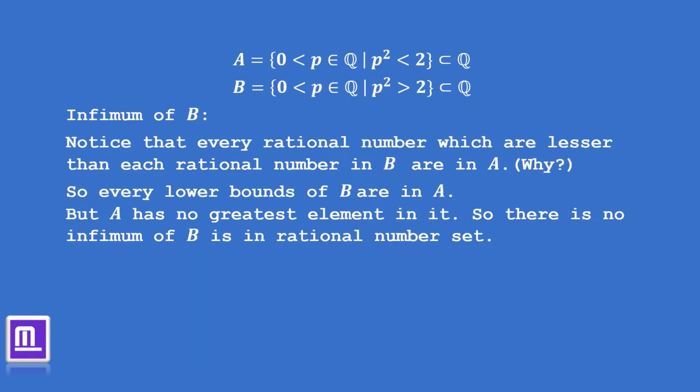If you take only non-positive rational numbers, then 0 is the supremum and that supremum is present in the set. If you take only negative numbers, 0 is the supremum again, but that 0 is not in the set of negative rational numbers. So the supremum may or may not be in the set. This is also one thing you should note.